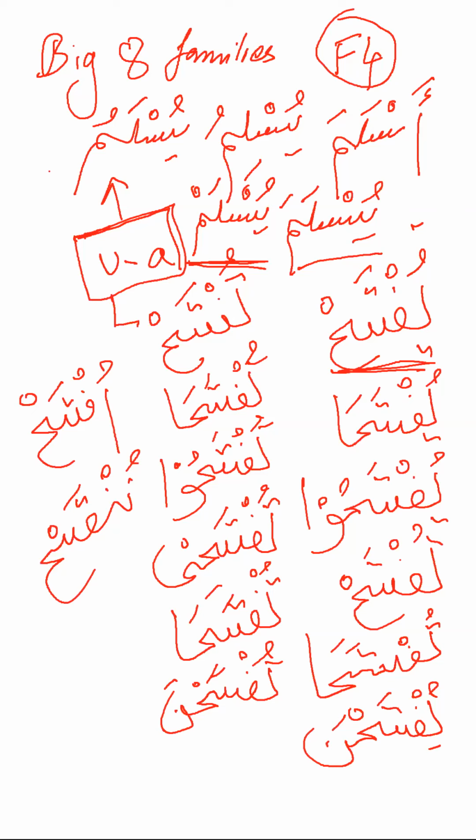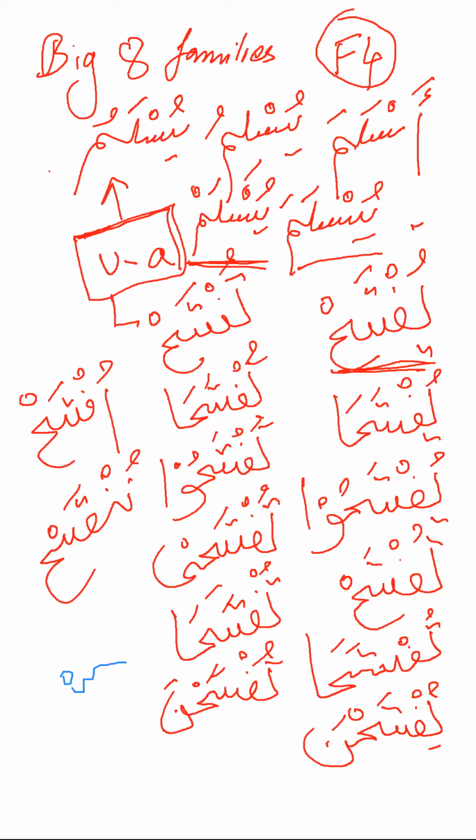If you answer with F1, that's fine, and if you answer with F4, that is also fine. Because in present passive, just write this little note in your notes: in present passive form, family 4 resembles the small 6 families.